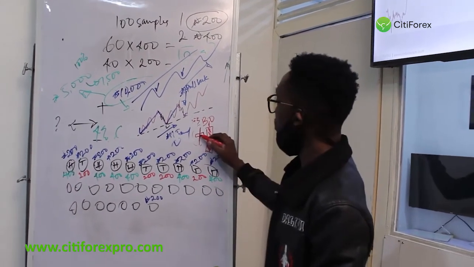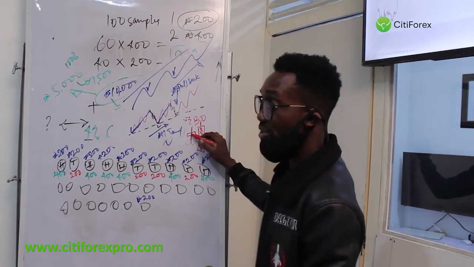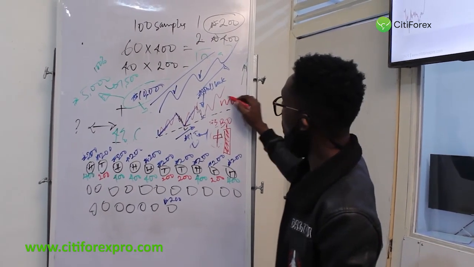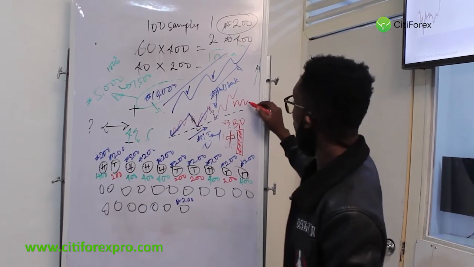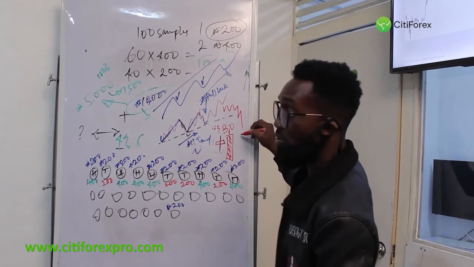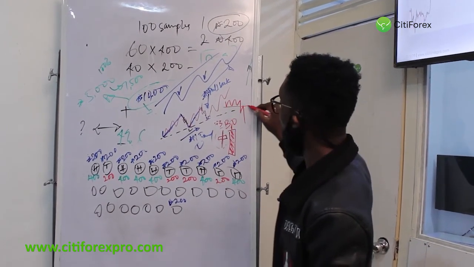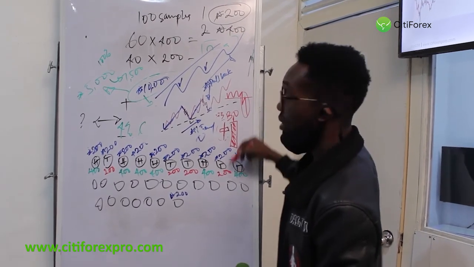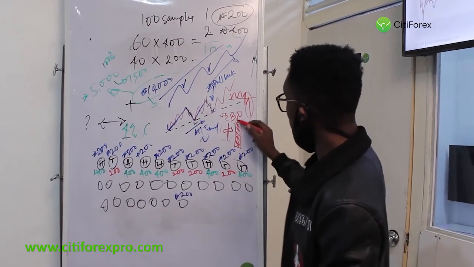And then I told you that when you have a small body candle like this, it's a trading range. So if you have a trading range which has formed this small candle, once the market breaks out, it retests and continues, is it not? If it breaks out of this trading range, it will retest and continue. This retest, that breakout forms this candle.